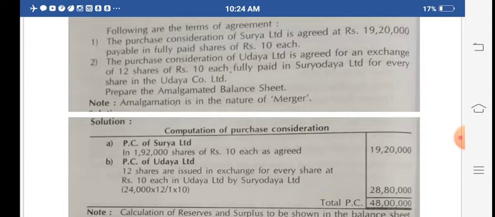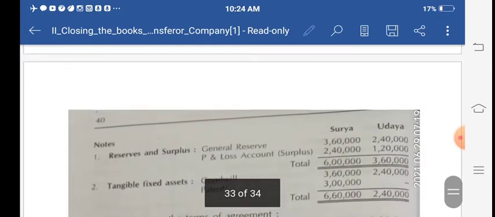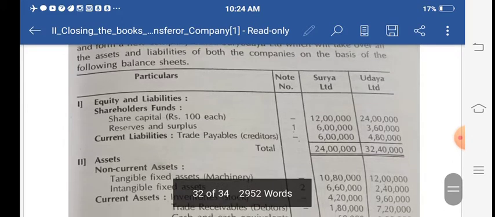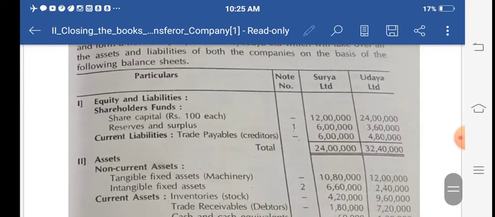Now how to calculate this? First of all, you should know how many shares are there in Udaya Limited. In the balance sheet, the share capital of Udaya Limited is 24 lakh, and each share price is rupees 100. So how many shares are there? 24,000 shares.